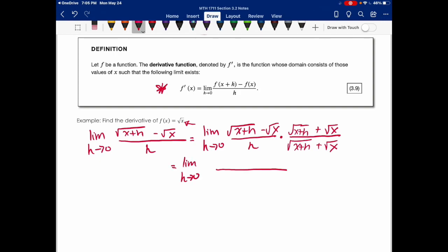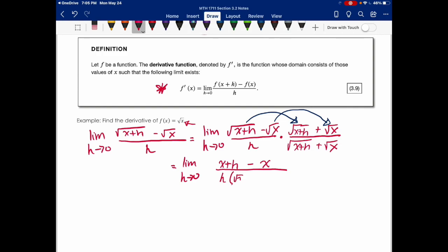Then when I multiply that out, on the top, I'm going to get x plus h minus x, because when I distribute, I get this times this, which is x plus h. I get this times this, which is minus x, and the middle terms disappear because they're the same exact thing but plus or minus.